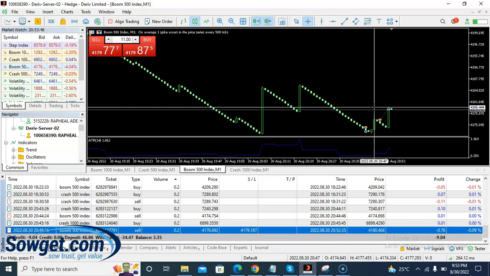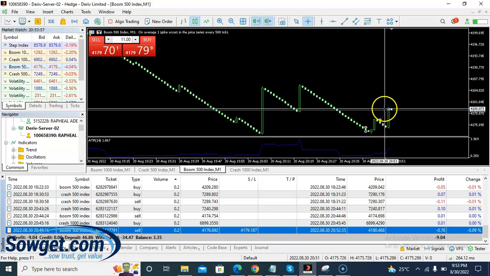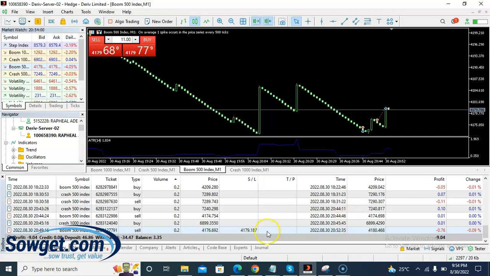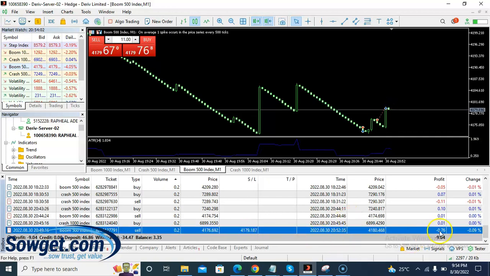Of course, the broker will also add their spread in the opening or closing of an order. So you can see it is way above my stop loss. These are important factors you need to consider, and I ended up losing more than I ought to have lost. This is what you must consider before you start trading Boom and Crash on Deriv.